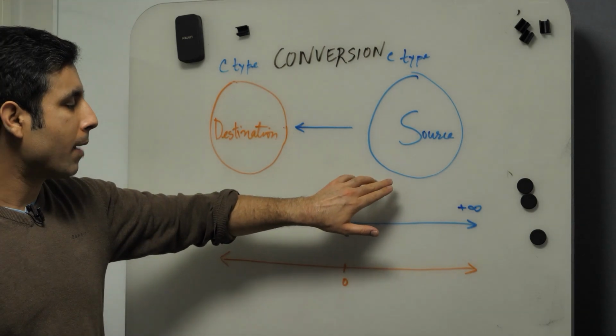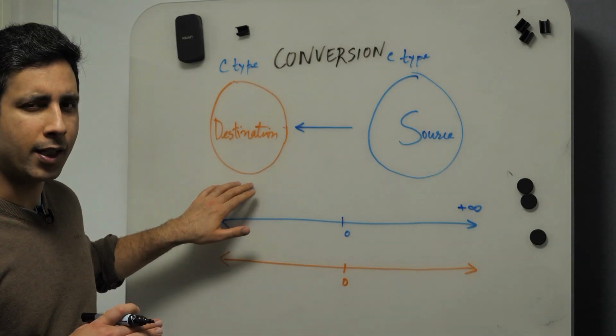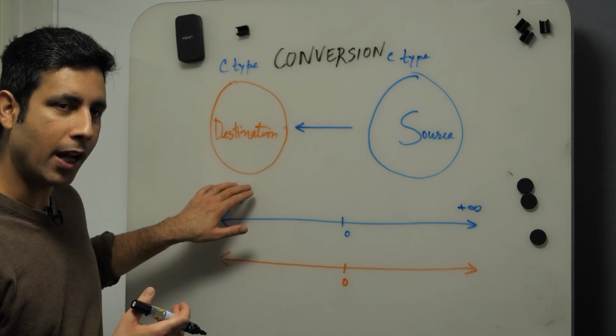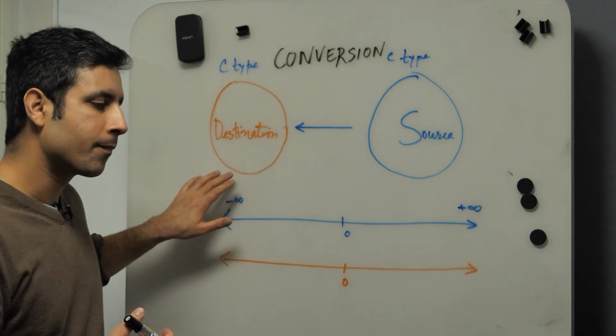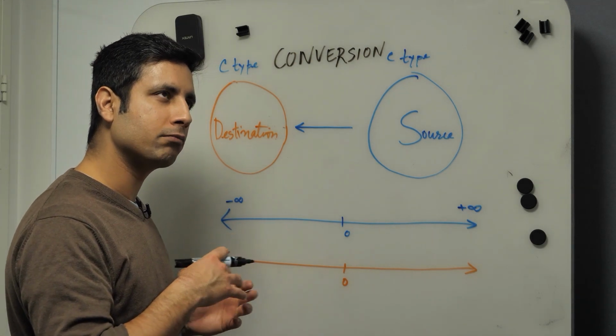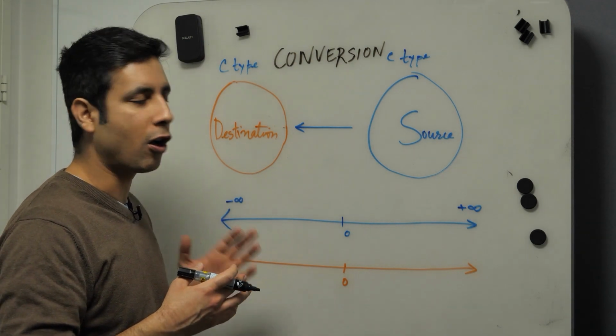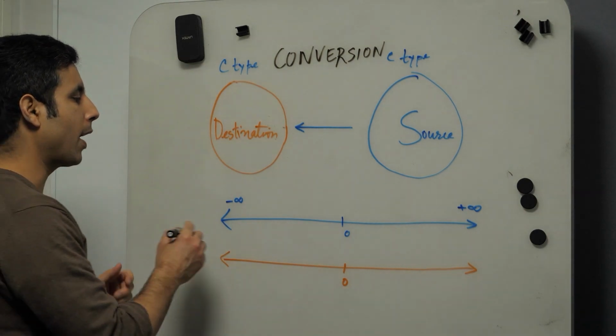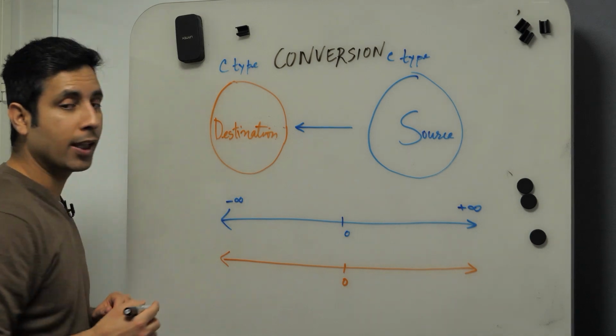Now, the main thing to remember here is that if the destination type can hold the value of the source type, then source type values are semantically preserved always. Another way to look at it is, for example, if you have a number line, you can think of ranges.